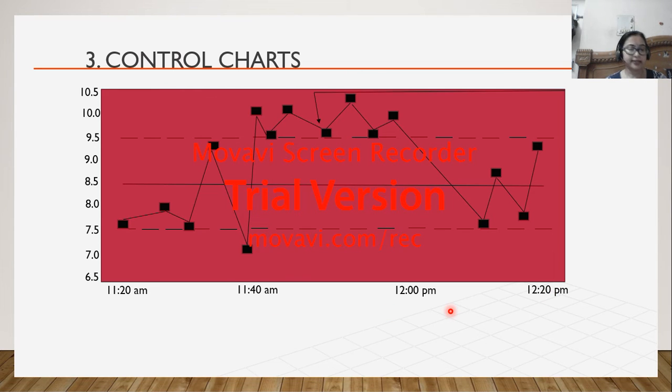For a clearer understanding, suppose my process is to create an apparatus with statistics between 7.5 and 9.5 millimeters. So here, the value of 7.5 is known as the lower control limit.